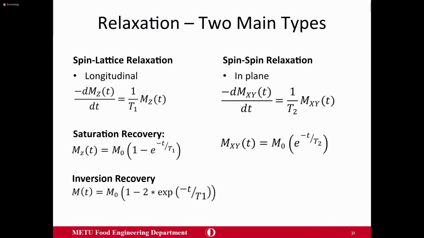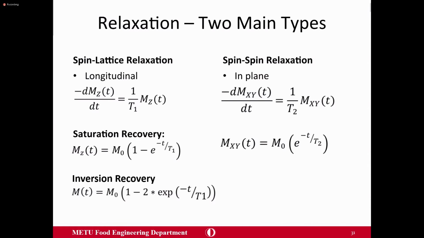Initially we have a longitudinal magnetization. We flip it, and how did we flip it? We applied, let's say, RF for a short duration. So we no longer have any longitudinal magnetization. As the spins relax back, we will have a longitudinal magnetization that is recovering.